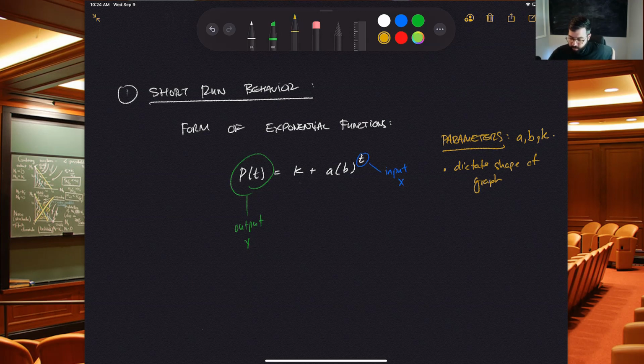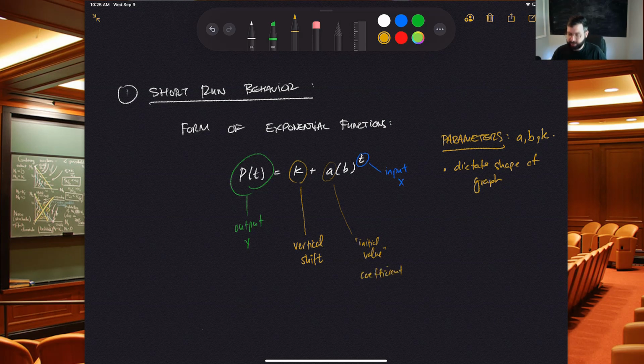So for k, this is what we'd call the vertical shift. This tells us how far up or down we're moving this function. A is usually the initial value, but really we can call this the coefficient, okay?